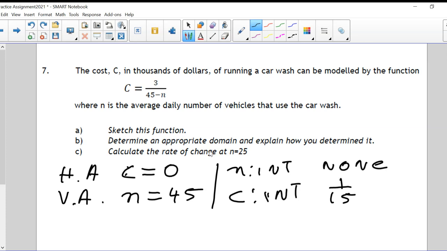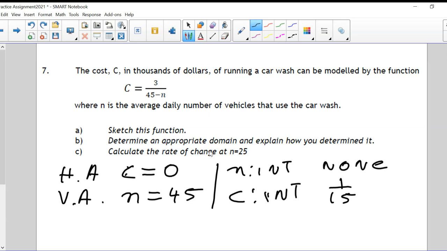But what else? Can n be negative? Is it possible for n to be negative? What do you think, folks? So all whole numbers, yeah, I get that, but can n be negative? What does n represent? It's the average daily number of vehicles that use the car wash. Can n be negative? I'm going to have to say no to that.